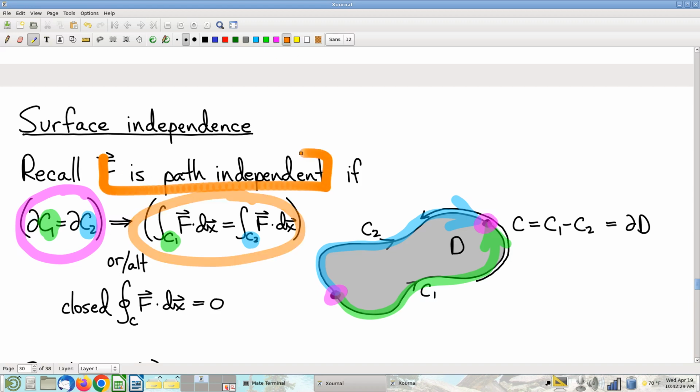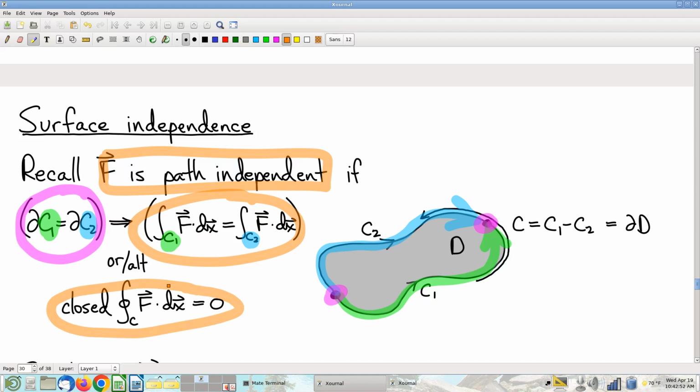This is what we mean by path independence. Path independence means that the line integrals are always the same as long as the curves start and end at the same point. So again, review. This is an old idea, right? Equivalent version of that is that all the closed line integrals are equal to 0. Different way to say the same thing.